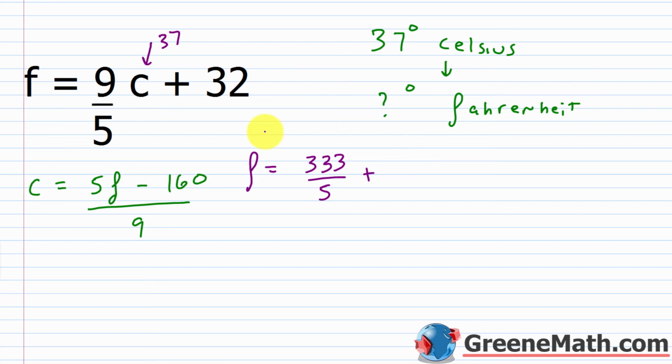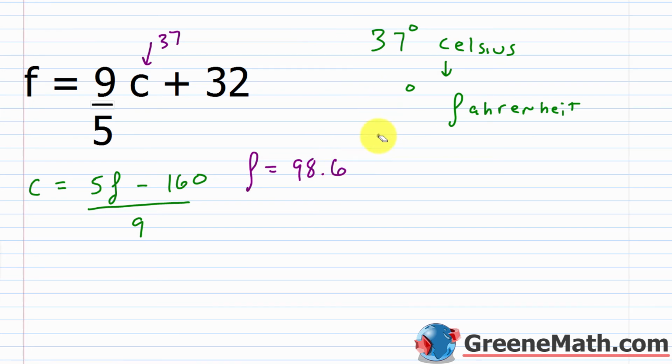Now to get a common denominator, I know if I multiply 32 times 5, I get 160. So this would be 160 over 5. And so 333 plus 160 is 493. So this would end up being 493 over 5. But in decimal form, you'd end up with 98.6.